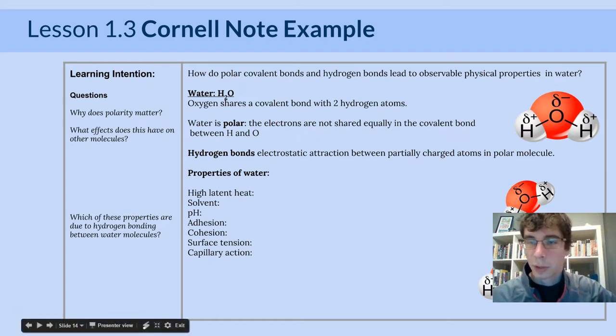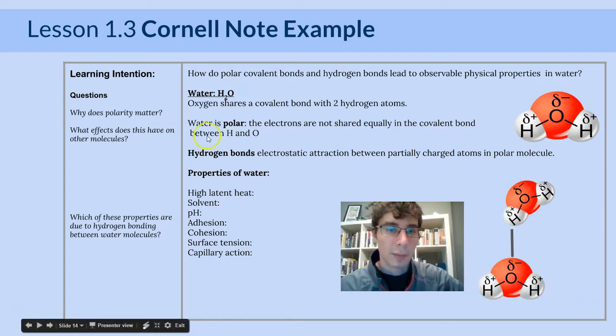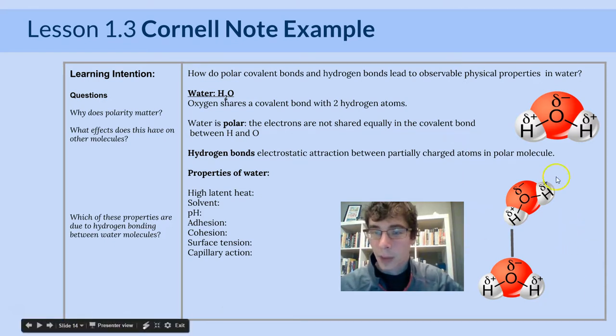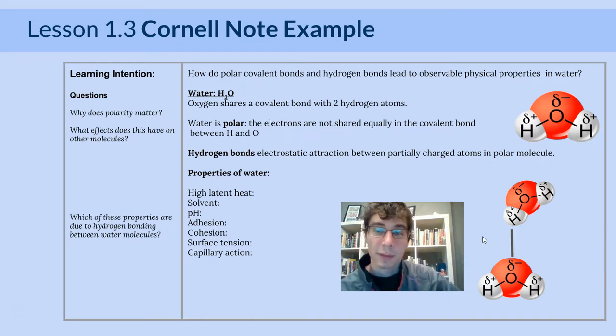At this point, your notebook could look something like this. I added on the definition for hydrogen bonds. I added the different properties of water, and then you will go through and put in your own definitions that you find about each one of those. I also drew over here a little diagram. When I'm taking notes in science, I find it quite handy to draw things out because I'm a visual learner. So you can do that as well.